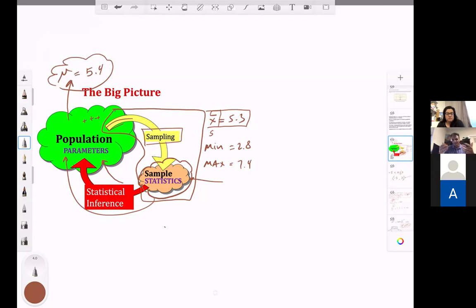So there is another variable, the confidence interval: I'm 95% sure that the average height of the population is 5.4. It's not 100%.